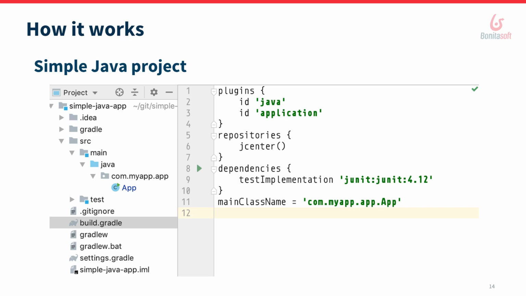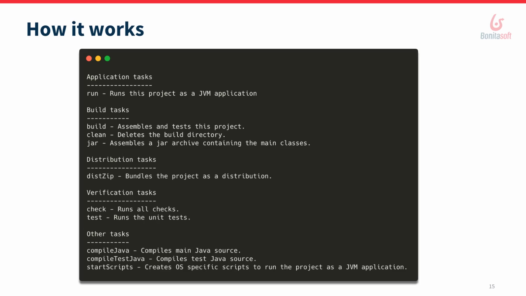In the build file, we can see some plugins are applied, some repositories are defined, and some dependencies are declared. This simple build file is enough to construct a full Java application.